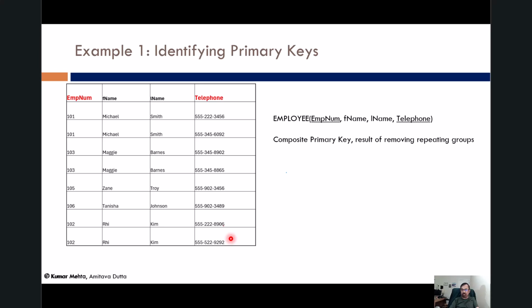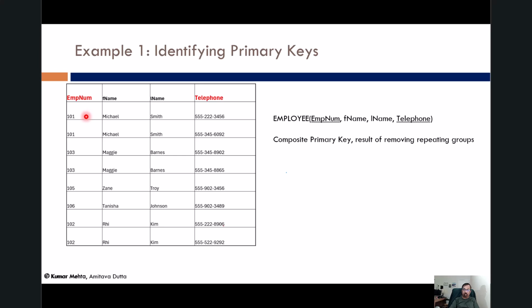The problem that I have created in the process is that I can no longer identify any row uniquely with just the employee number. In the version of this table where you had the repeating groups, you could identify any row uniquely just with the employee number. But now I can't. So what do I need to know in order to uniquely identify any row in the table?